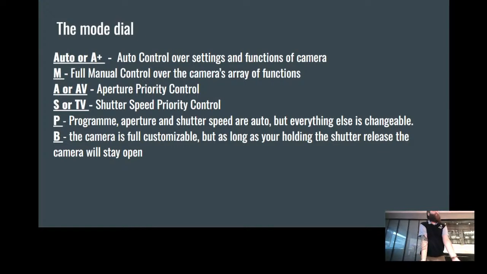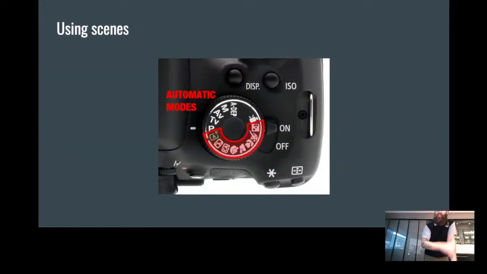There's a couple on this one that you have. SCN is scene. So I believe this one. Scenes are automatic modes. They're the same thing as auto, except with scene you can go in there and say, okay, I'm taking a picture of a portrait. That portrait should be symbolized by a little face.